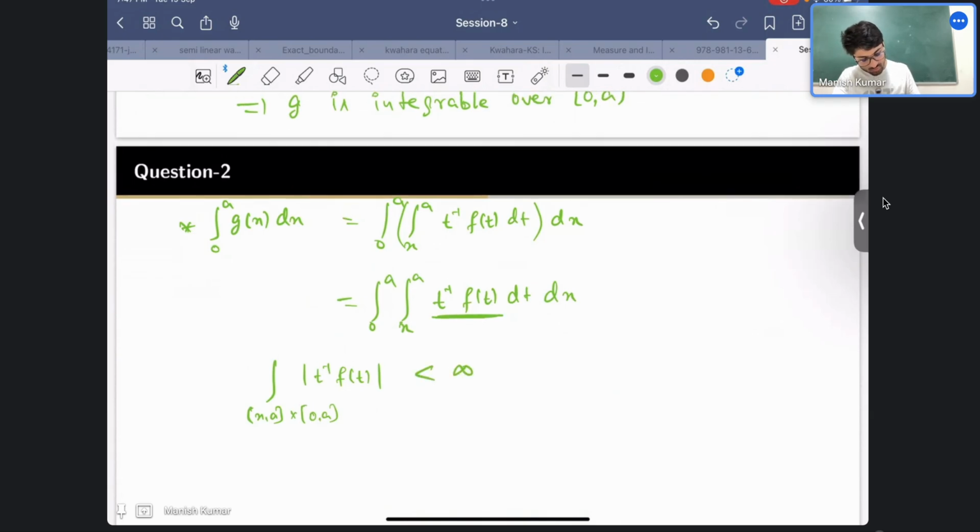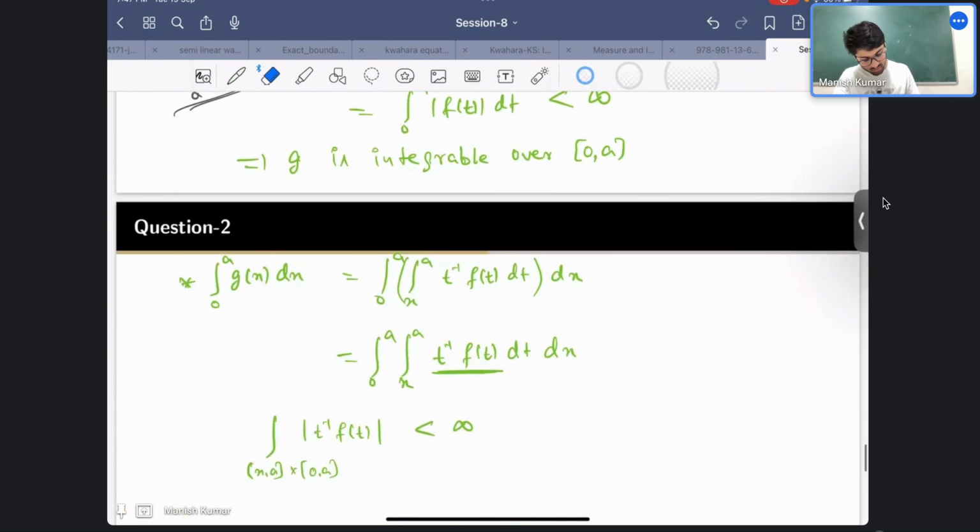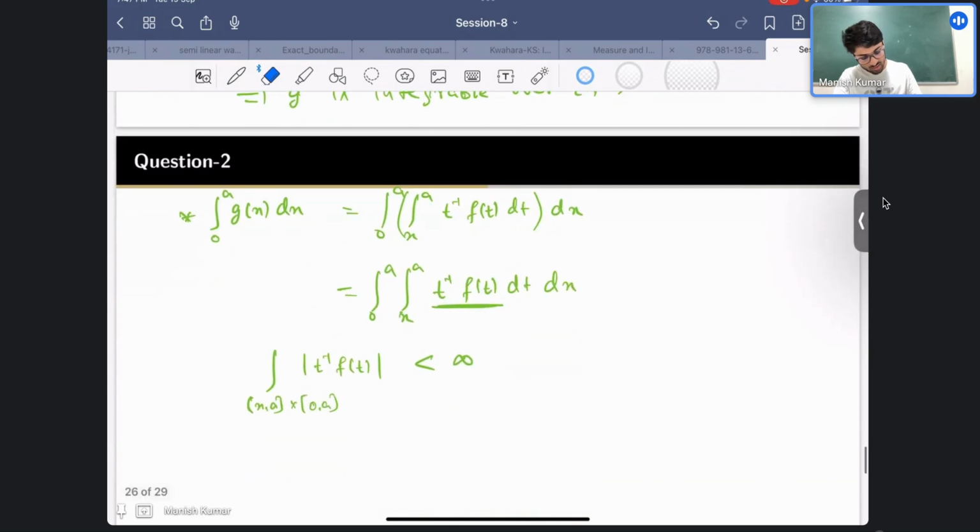This is nothing but mod of gx, right? You have shown this one above. This means t inverse ft. Okay, let me include this characteristic function to look good. So you can write it in this fashion, right?